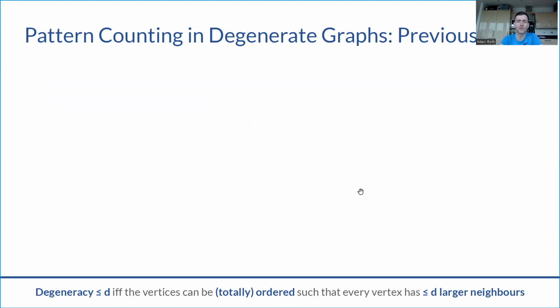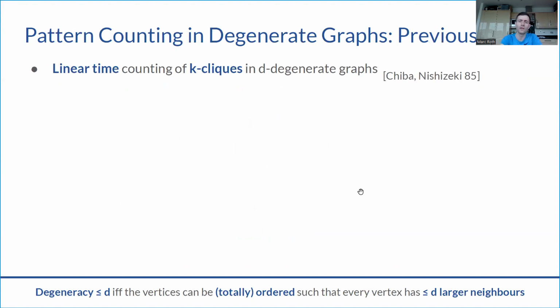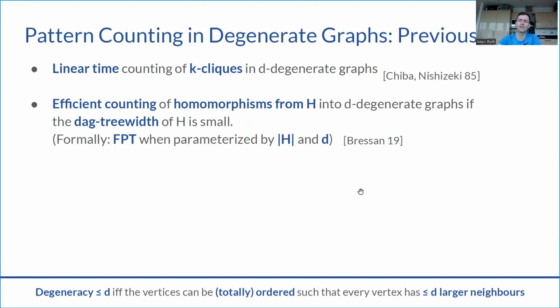There has been lots of work done in pattern counting, that is subgraph and induced subgraph counting in degenerate graphs. One classical result is due to Chiba and Nishizeki. They proved that you can count cliques in linear time if the degeneracy is bounded by a constant. Their approach was greatly generalized in quite recent work by Bressan.